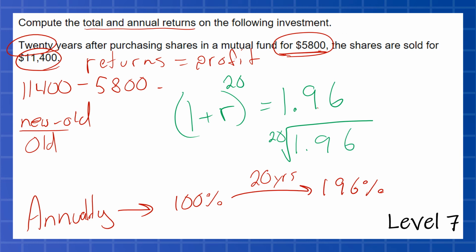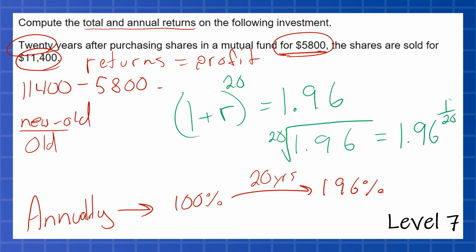Okay, so I'm going to get out my calculator on my phone and I'm going to type that in. If you're unsure how to use a basic calculator and type that in, one thing we can do is the same thing as typing in 1.96 to the 1/20th. I don't want all 20 years, I just want 1/20th of the years. So that's why we do that.